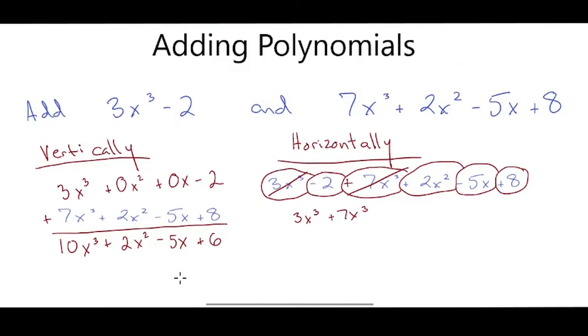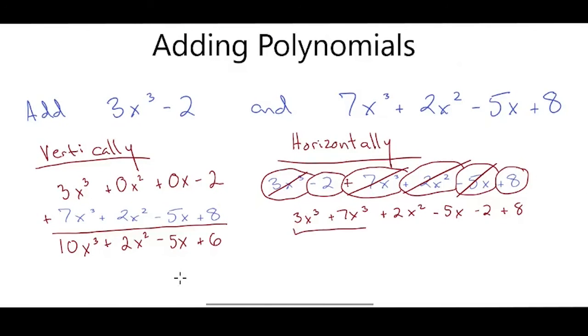All right, next I'm going to look for anything that has x squared. So my first x squared is 2x squared. Doesn't look like there's any more x squared terms. So next I'll go for x to the first power, or just x terms. And looks like I have a minus 5x. All right, and now all that's left is minus 2 and plus 8.